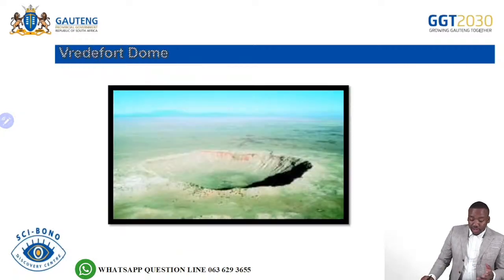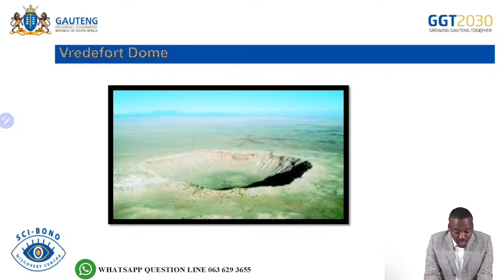Then for the geographers, we also have the Vredefort Dome. This one has some history as well in terms of the things that nature does.